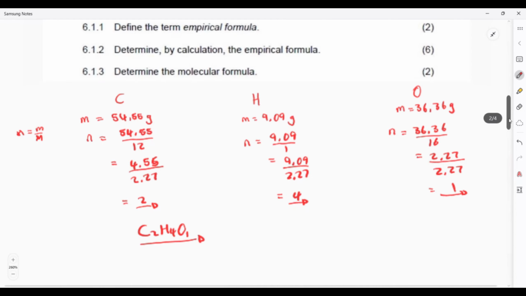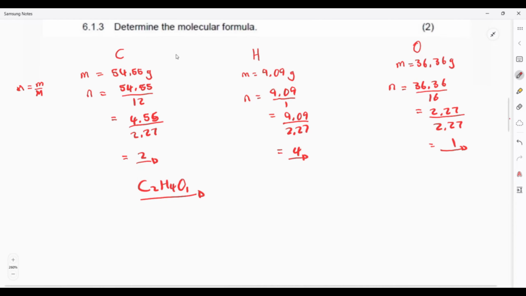Then the following question, they said determine the molecular formula. So to find the molecular formula, let me say this is 6.1.3. The molecular formula is eventually equal to the molar mass divided by the formula mass.